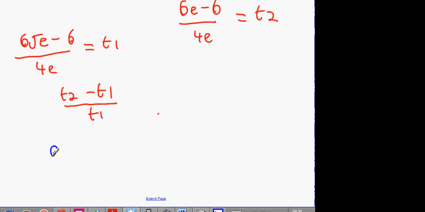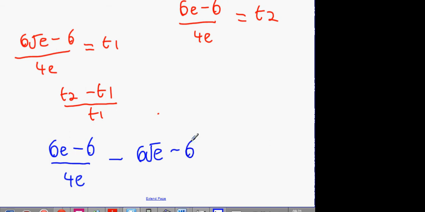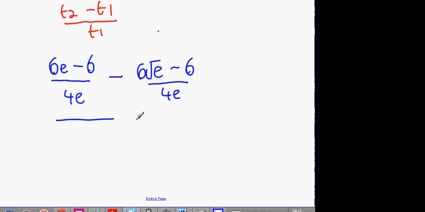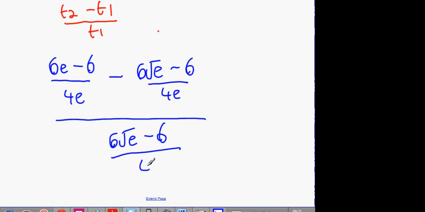Okay, so it's going to be 6e minus 6 all over 4e, minus 6 root e minus 6 all over 4e, and then on the bottom it's going to be 6 root e minus 6 all over 4e.